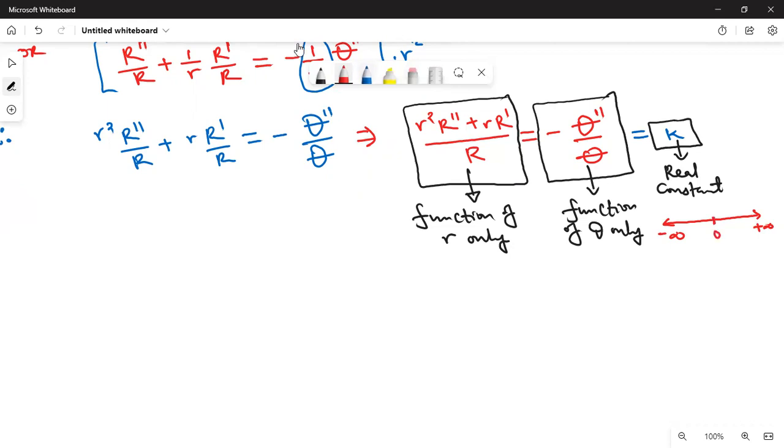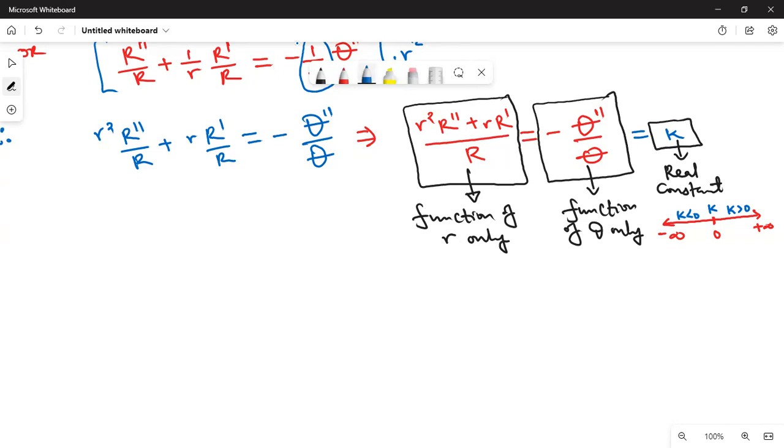So k can be less than 0, k can be equal to 0, or k can be greater than 0. Those are the only three possibilities, because k is a real number. So we have three cases to consider depending on the value of k.